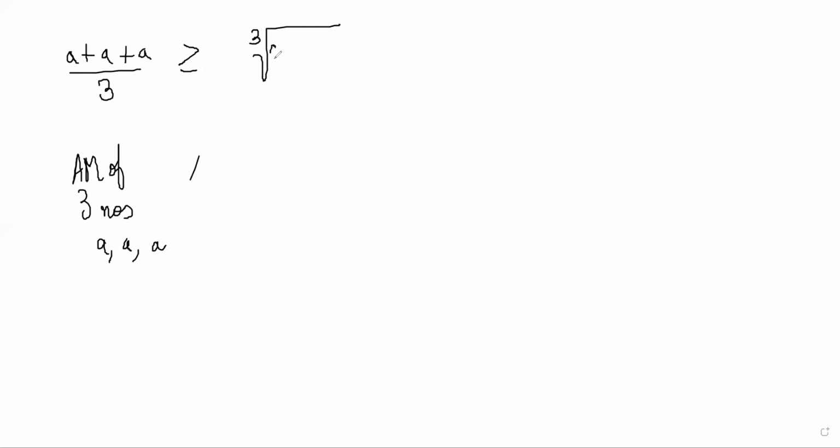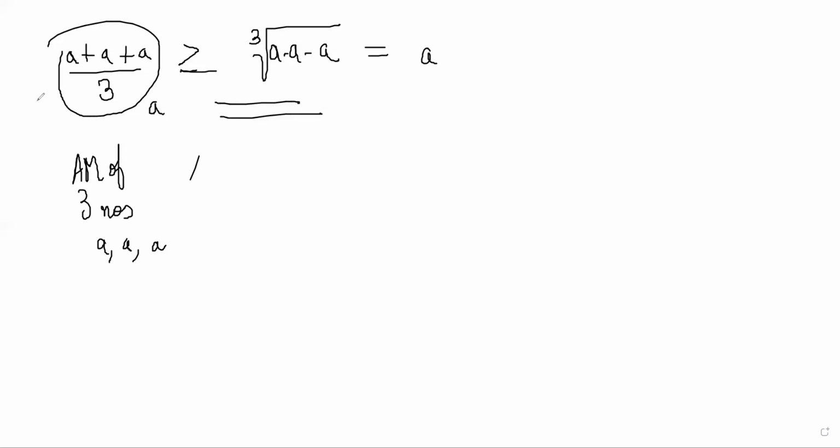Let's see, A plus A plus A divided by 3 is the AM of 3 numbers, and it is greater than or equal to the GM, which is the cube root of A into A into A. Now this GM is simply A, and this AM is also simply A. So in this case it is equal, when all the numbers are the same.